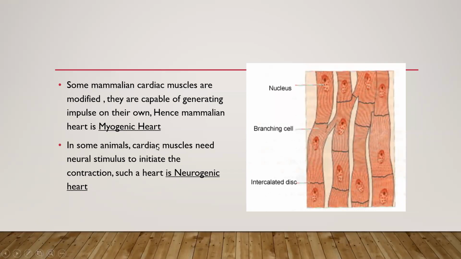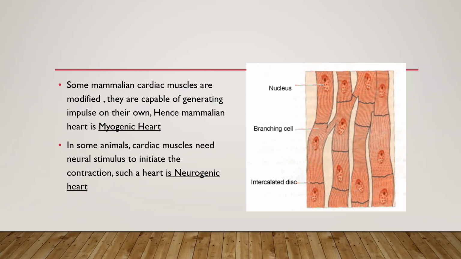Whereas in some animals, cardiac muscles need a neural stimulus to initiate contraction. Neural stimulus means what? They need a stimulus from the central nervous system. What happens? The central nervous system produces certain hormones from the endocrine gland.